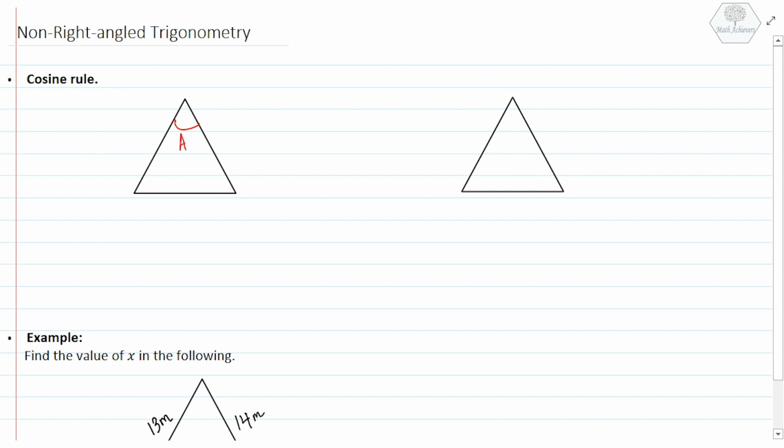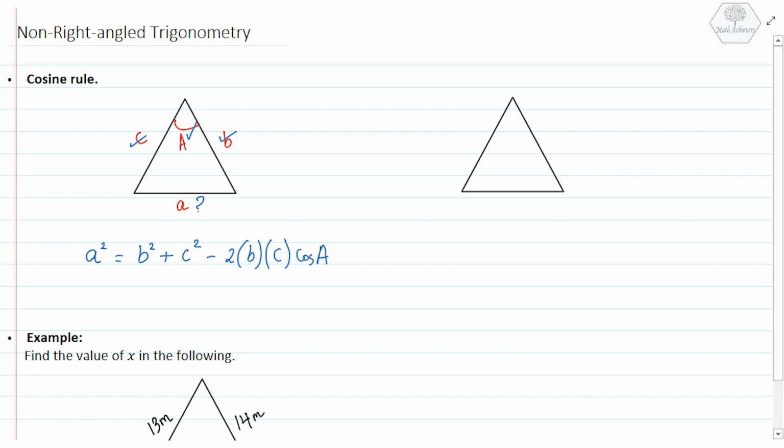If this is capital A, then the opposite side to angle capital A is small a, and this is B, and this is C. The cosine rule says if I have this angle and I have this side and this side, while a is unknown, then the cosine rule is a squared is equal to b squared plus c squared minus 2 times b times c times cosine of the angle, which is A.